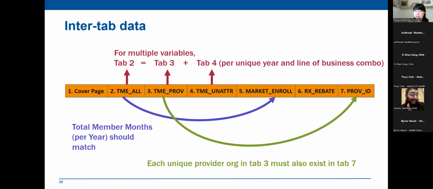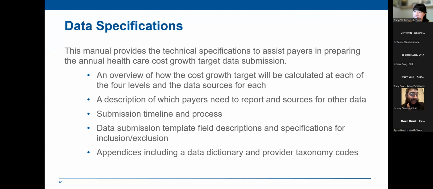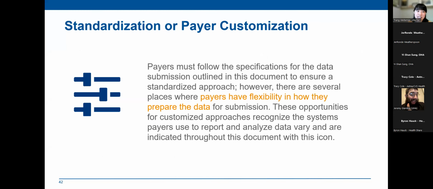All right, let's go into some manual topics. Next slide. And you could skip ahead 2 slides. All right. So in our manual, every time you see this icon, well, I should back up for a second. The manual provides guidance to payer technical staff on how you should be assembling the data.